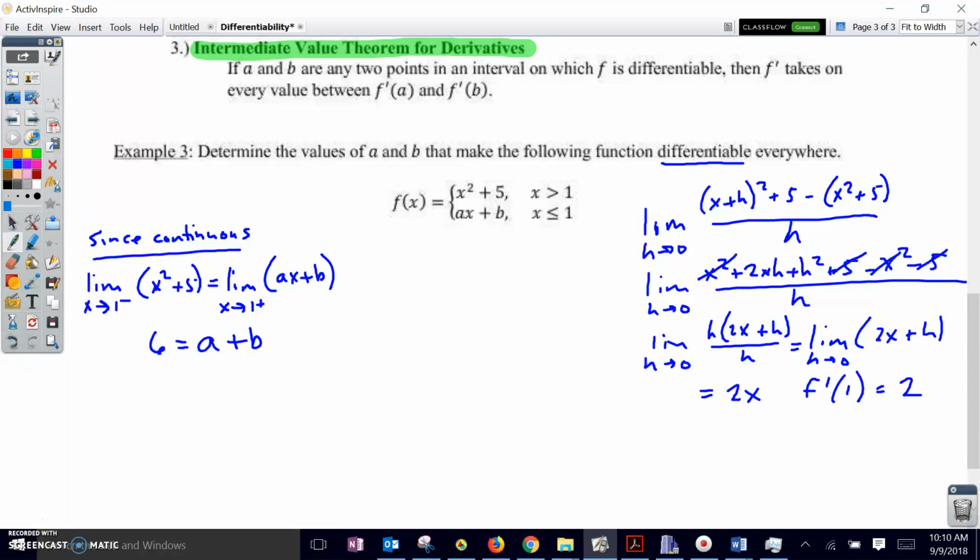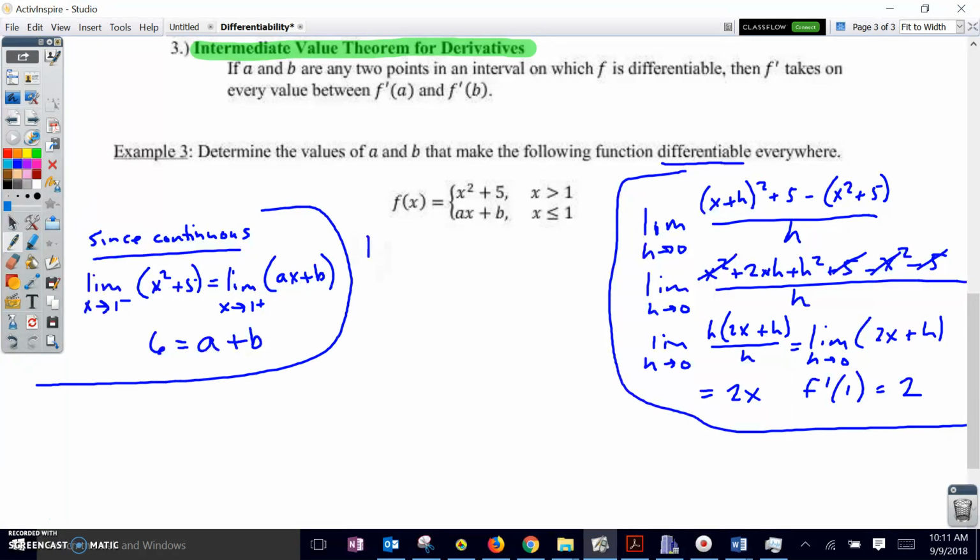I do the same thing with the ax plus b. I find the derivative of it. So the limit as h goes to 0 of a times x plus h plus b minus ax plus b over h.